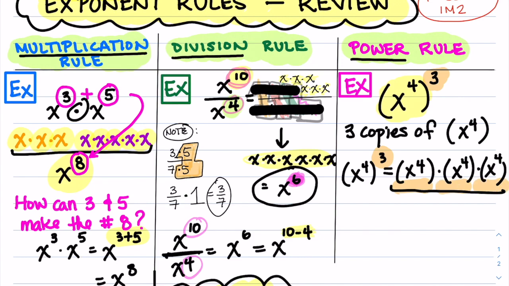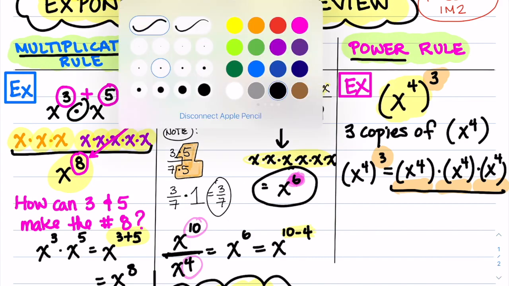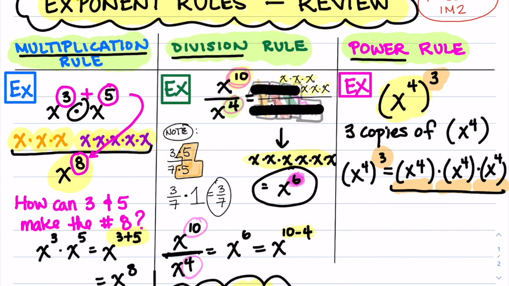Now, if I think about what it means to have a power of 4, I could also write this out. The first one would be x times x times x times x. The second one would be x times x times x times x. And the third one would be x times x times x times x.